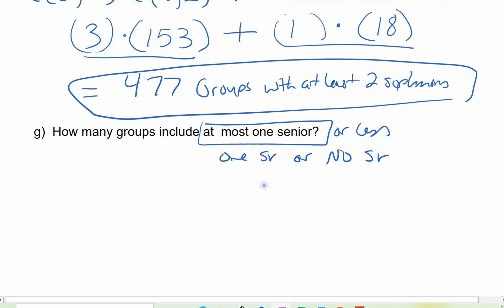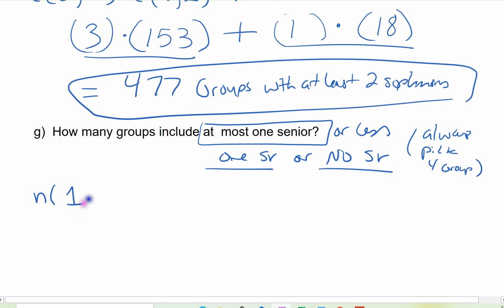Alright, so again, I'm going to set this up, and I'm going to leave myself blank spots because there's a hidden and statement. Remember, I always want to pick 4 for my group. So I've got to keep in mind, I've got to always finish my group. Alright, so I want 1 senior or no seniors. So number of ways to get 1 senior. Well, there's a hidden and statement.